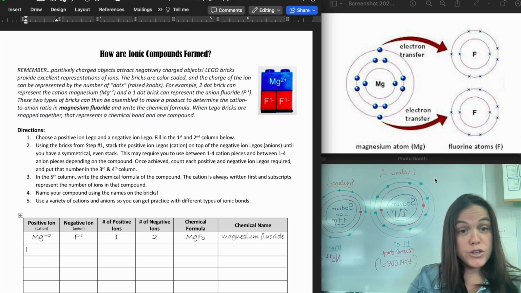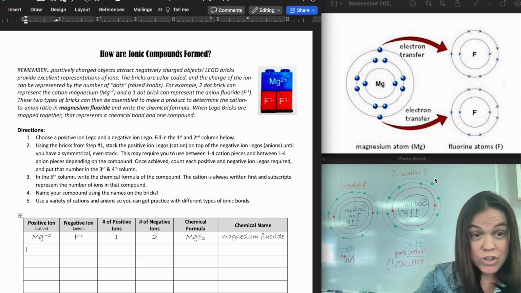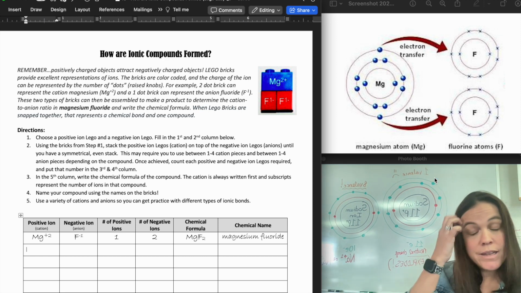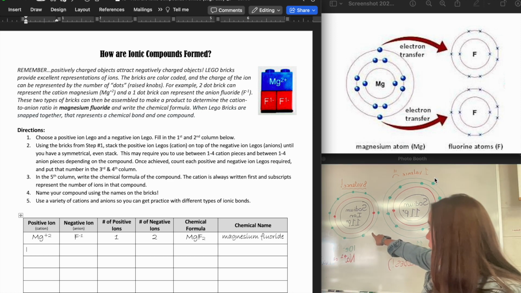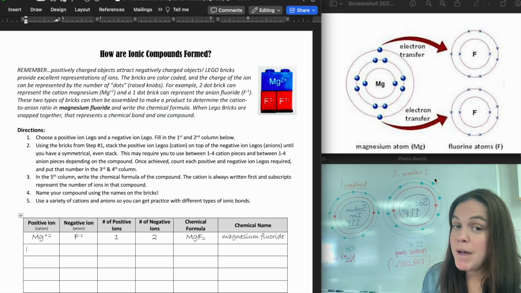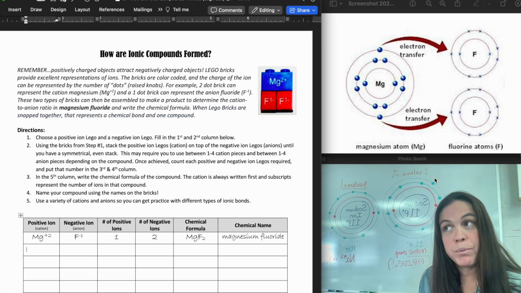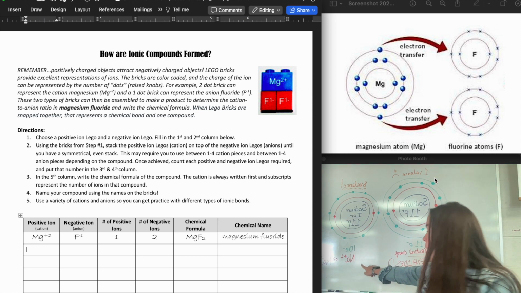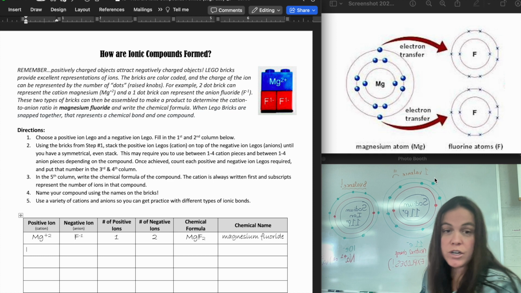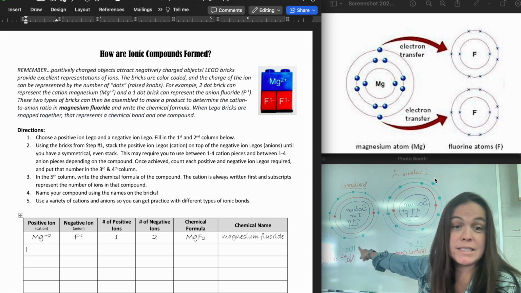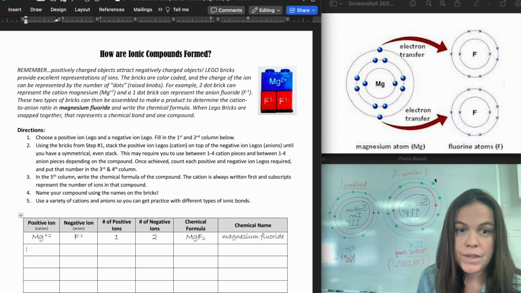Because once it loses that one valence electron, it becomes a sodium ion. And a sodium ion has 8 valence electrons. But a sodium ion doesn't have the same number of electrons as protons. So a sodium ion actually has a positive 1 charge. It's got 11 protons and 10 electrons.